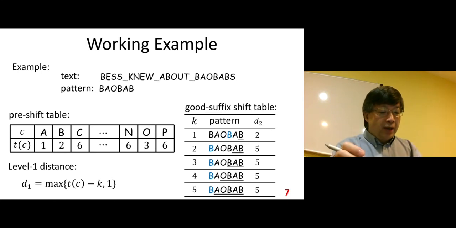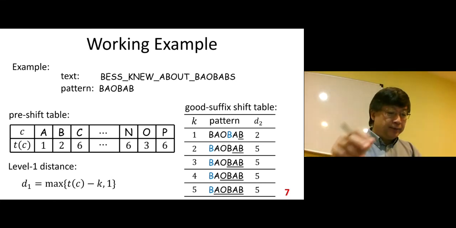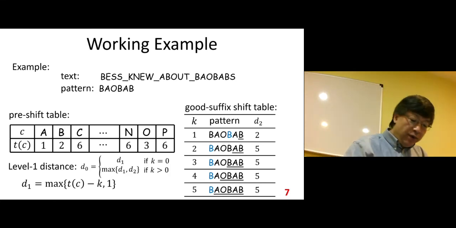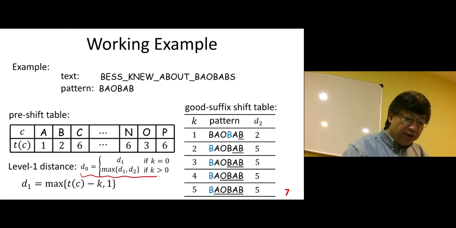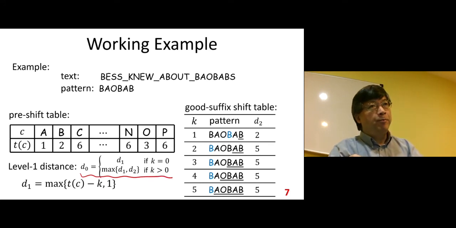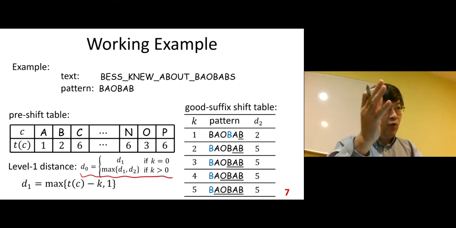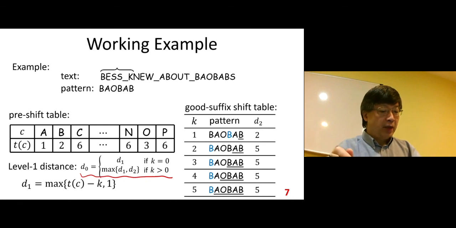Now we are ready to process string matching. When we do string matching, the D0 is defined in this way. Now let's work on our example.